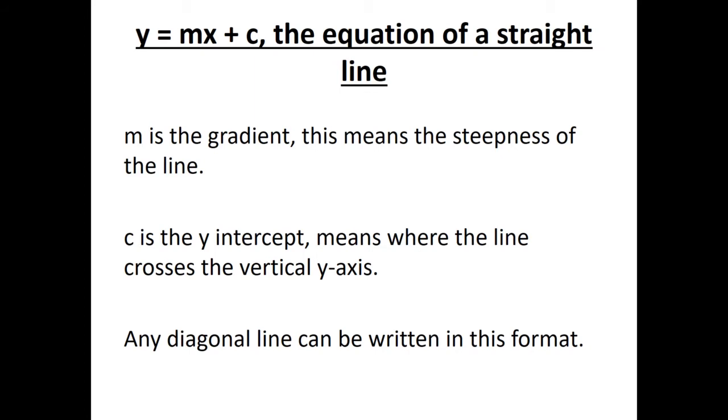You won't see y equals mx plus c, you'll see a number in place of m, and you'll see a number in place of c. So for example, y equals 4x plus 7, or y equals 5x plus 9. And it says at the bottom there, any diagonal line can be written in this format.